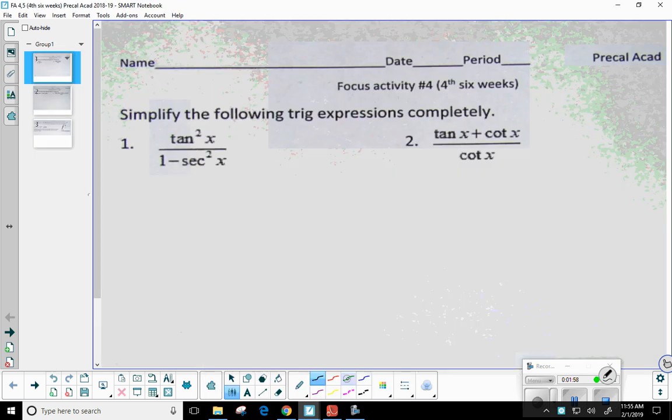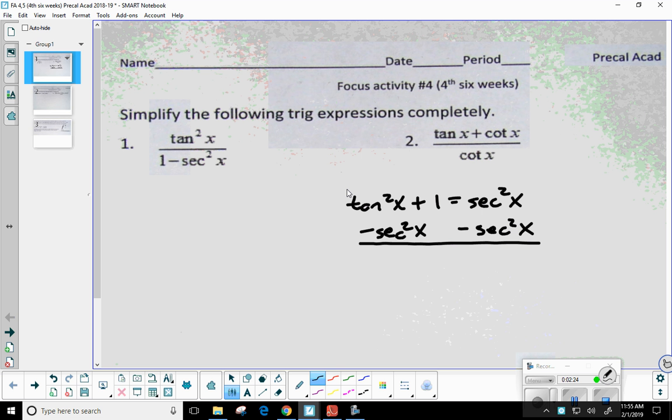So let me get back over there to the focus activity. So let me write this out. We know that tangent squared of x plus 1 equals secant squared of x. And in fact, who was it who just said that? Okay, Lexi's absolutely right. See, if I want to go ahead and do this, there's just one little detail we're missing. Let me go ahead and subtract the secant squared over here.